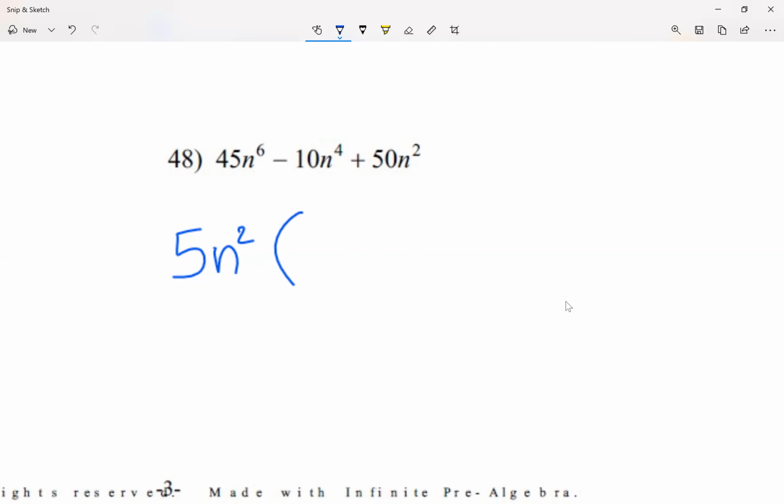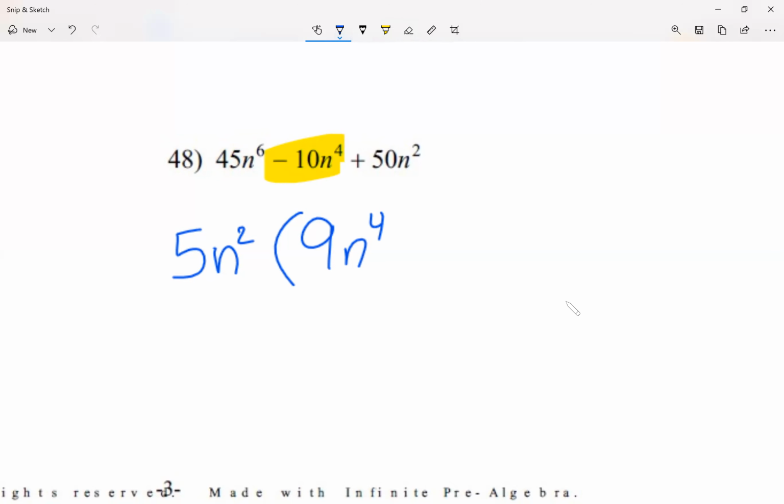So the first term, I'm looking at my first term here. Remember, the number divided by 5, letter-wise, subtract 2 from the exponent. So 45 divided by 5 is 9, n to the 4th. My next term, I see it here with the sign included. Let me divide the number by 5.